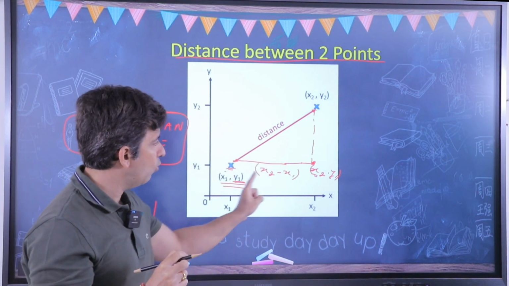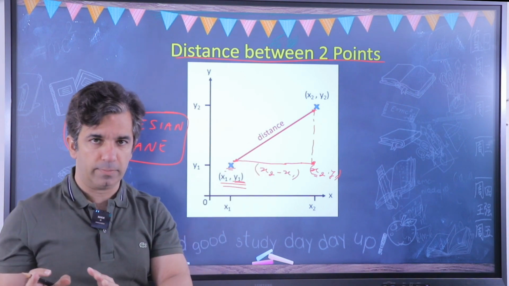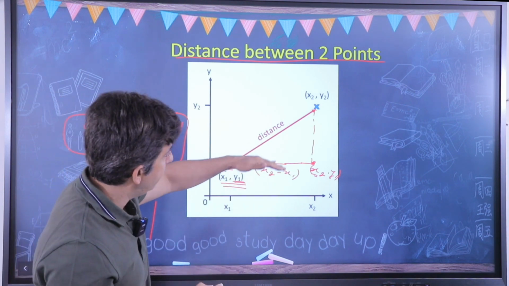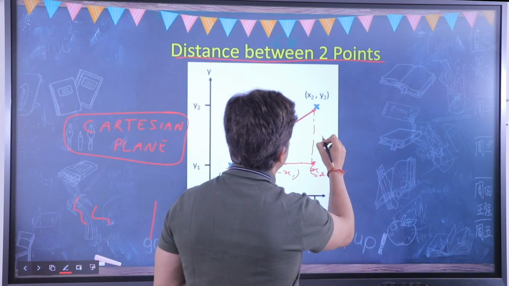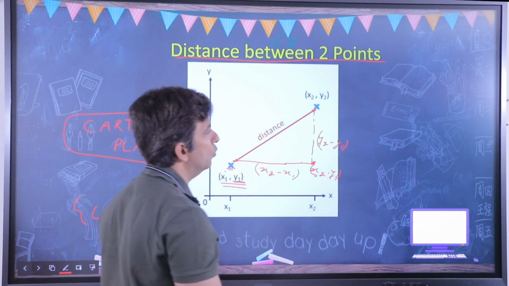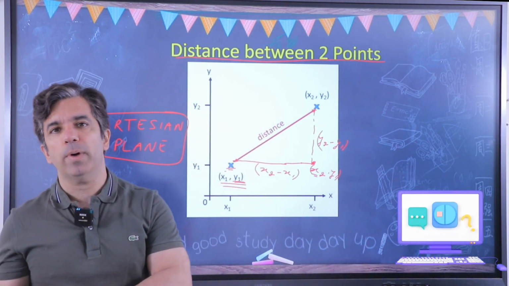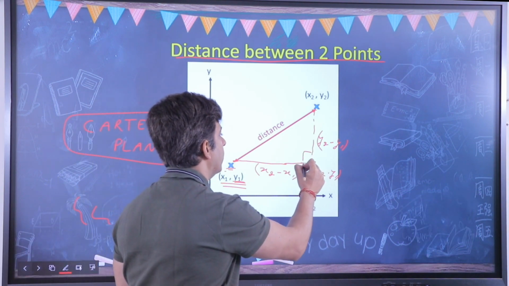Earlier it was x1, now we have moved to x2, so this distance is x2 minus x1. Similarly, by the same logic but vertically, this distance would be y2 minus y1. And we can see that a triangle is formed over here.